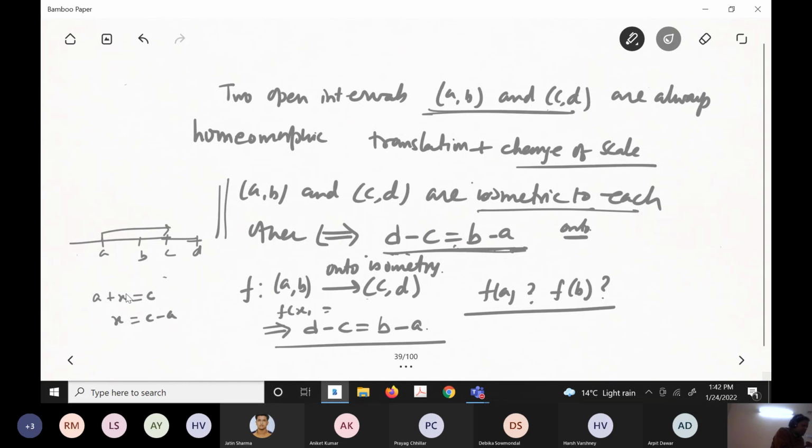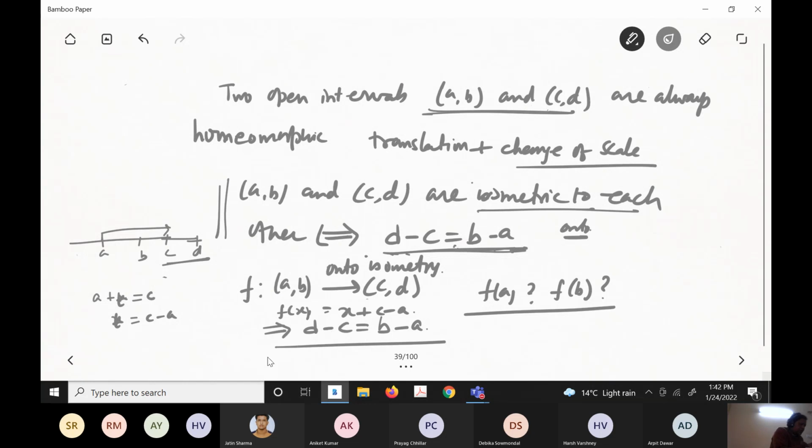Don't confuse with this. Take T. Fx equal to x plus T. Actually, you'll have to take C minus A, and D minus C equal to B minus A. We are assuming that.